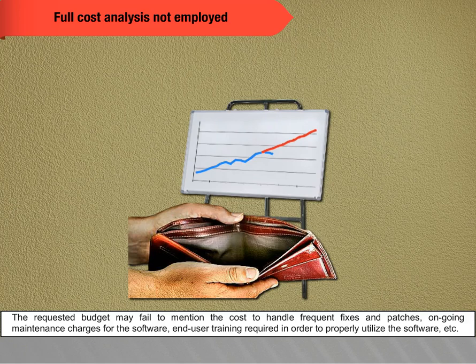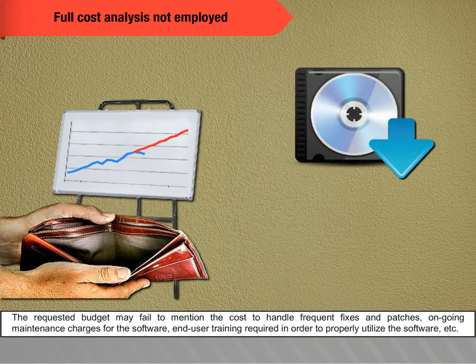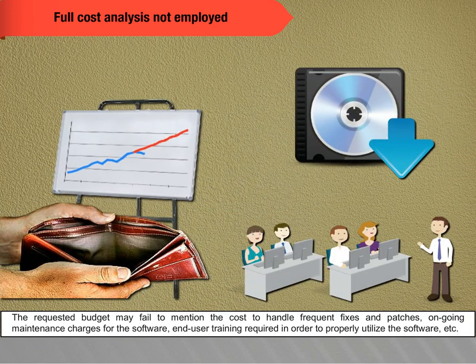The requested budget may fail to mention the cost to handle frequent fixes and patches, ongoing maintenance charges for the software, end-user training required in order to properly utilize the software, etc.